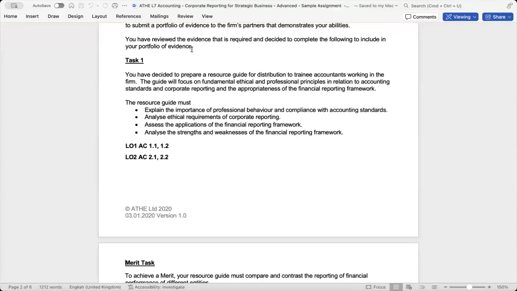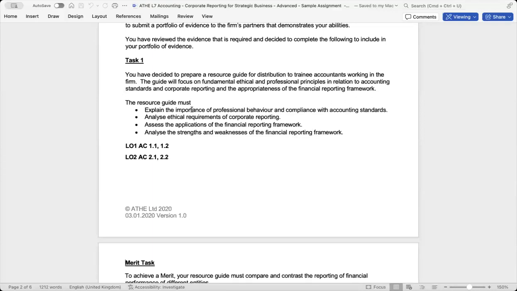So you have reviewed the evidence that is required and decided to complete the following to include in your portfolio of evidence. So here is task one. Basically, you have decided to prepare a resource guide for distribution to trainee accountants working in the firm. The guide will focus on fundamental ethical and professional principles in relation to accounting standards and corporate reporting, and the appropriateness of the financial reporting framework.